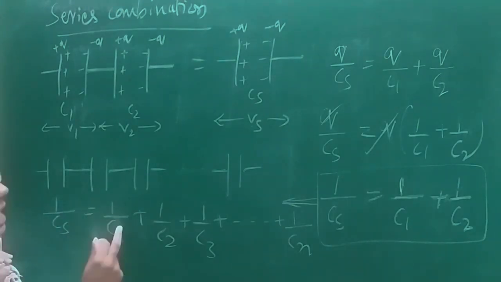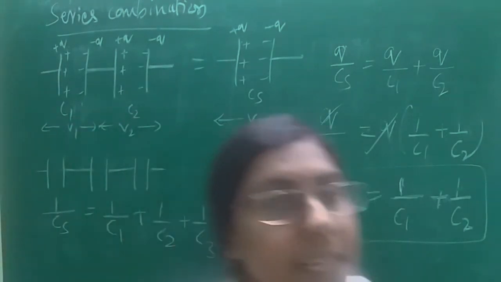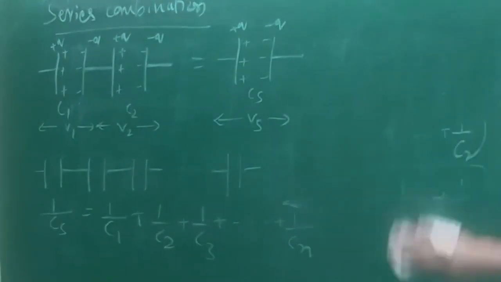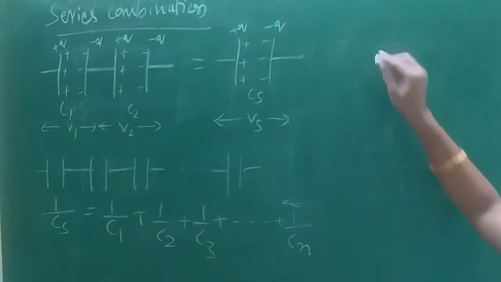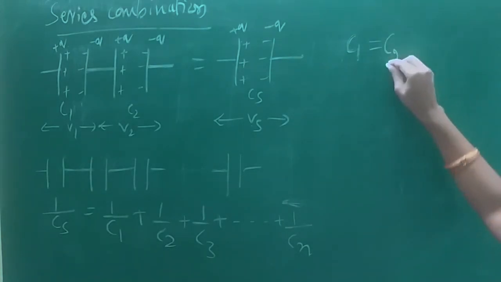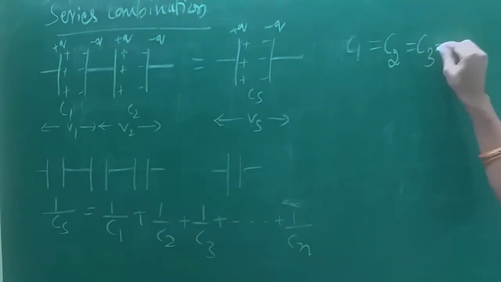Suppose all these n number of capacitors are identical. Identical capacitors means all the capacitors have the same capacitance. That means the capacitance of the first capacitor is equal to the second and equal to the third, like this.